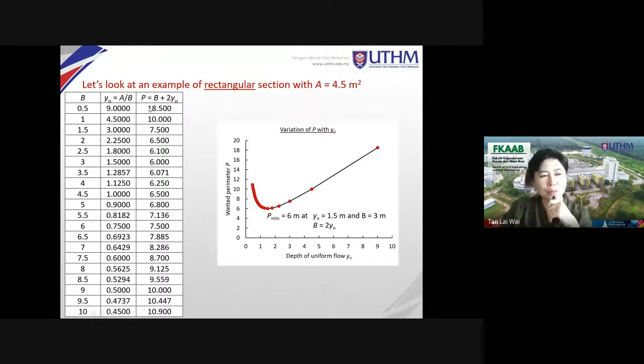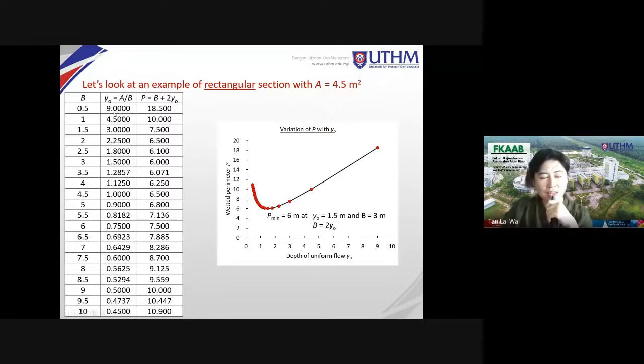So therefore, my P is 18.5. Now, there's a purpose. My first column is B first. I'll let you know later the formula that we are going to use. It's actually the same formula, which is the A and P. Let's look at this. So I substitute when B is 0.5. Let A be constant. My A is constant, which is 4.5.